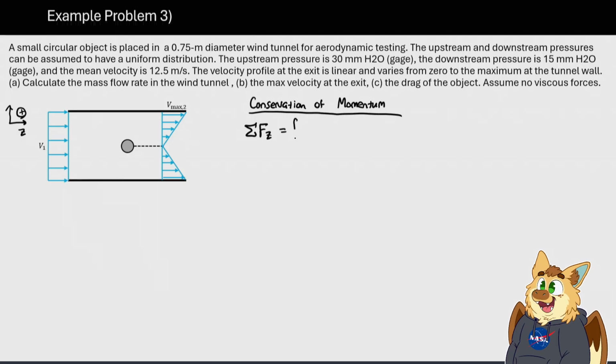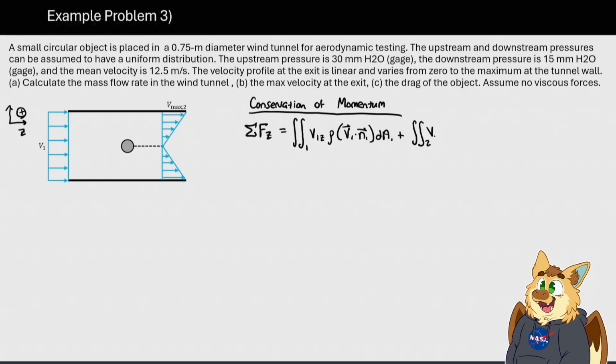So we can just worry about our two control surface terms here, which will be surface 1. This will be Vz times rho V1. Technically it's V1z if you want to be more specific. Times rho V1 dot N1 times dA1 plus control surface 2.